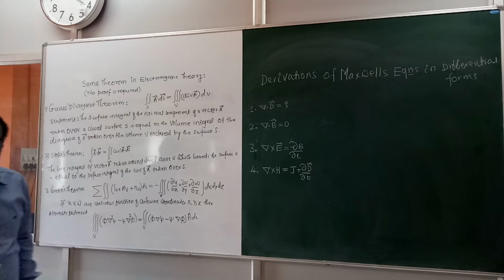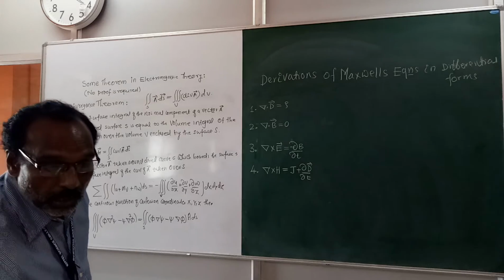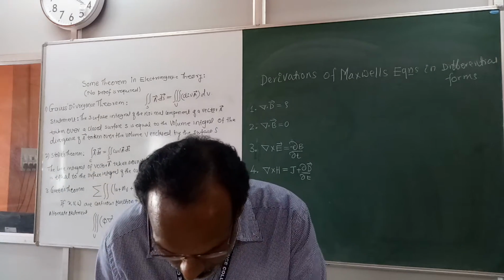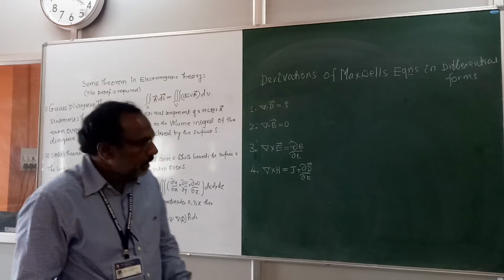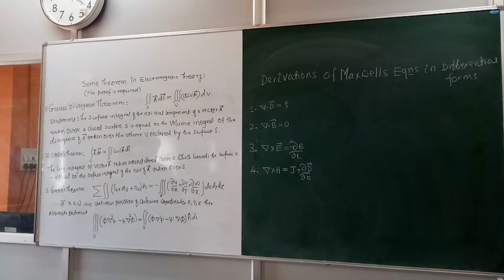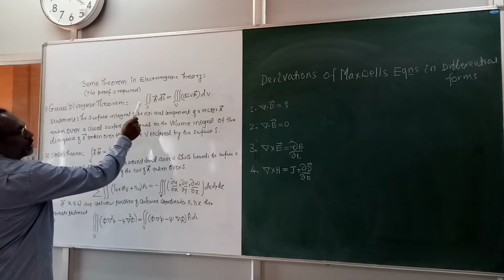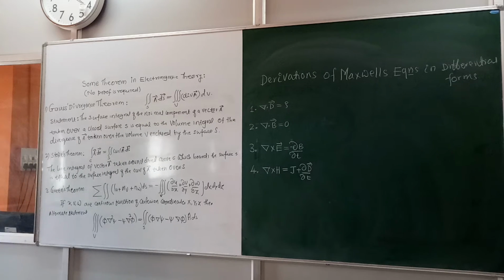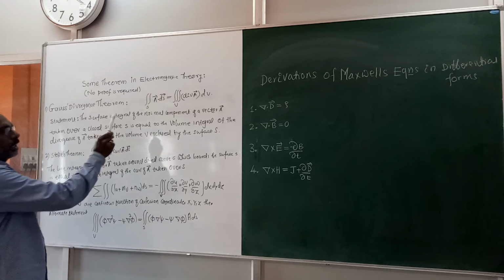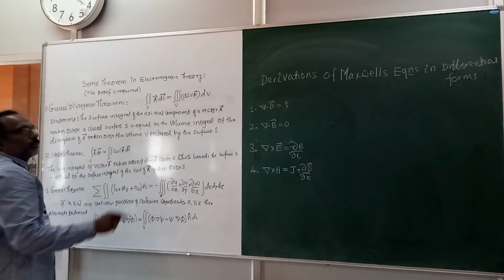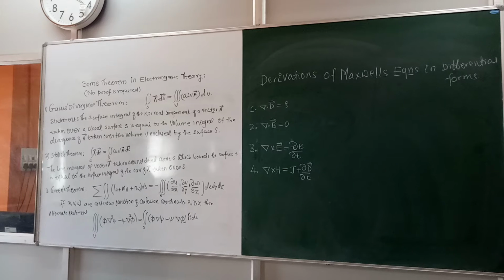This Gauss divergence theorem helps us in transforming a volume integral to a surface integral, or we can convert a surface integral into a volume integral.